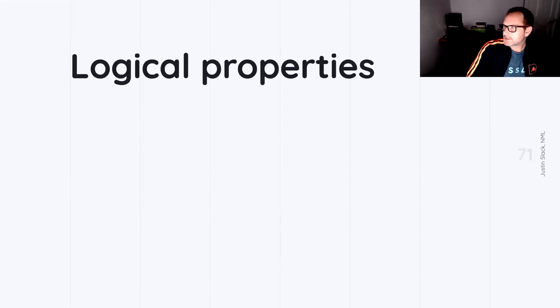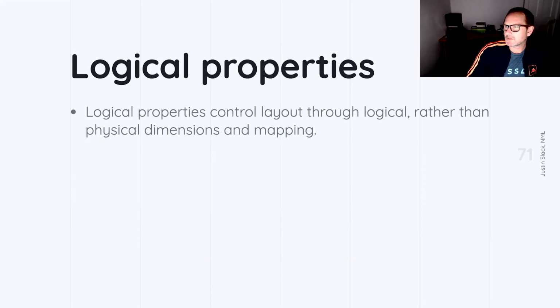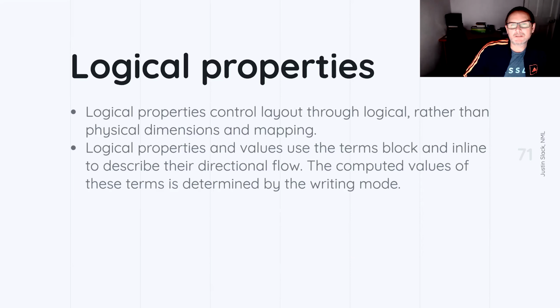Right, logical properties, which I mentioned before. Logical properties control layout through logical rather than physical dimensions and mapping, and these are closely related to writing modes. So instead of using margin top, we use a logical property for margin top, and logical properties and values use the terms block and inline to describe directional flow, and the computed values of those terms is determined by the writing mode.